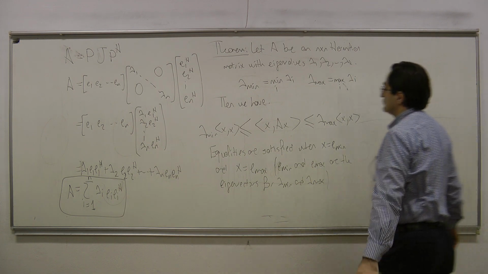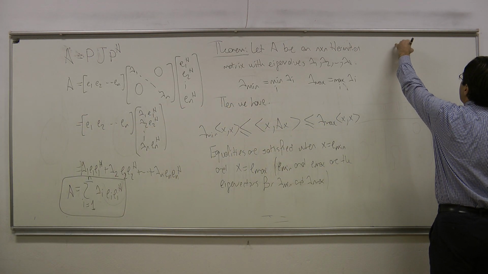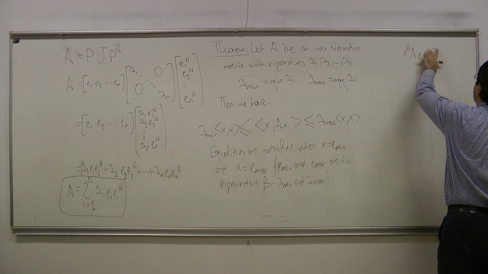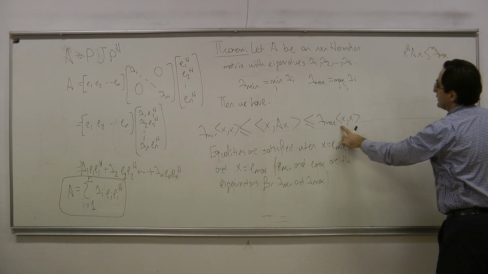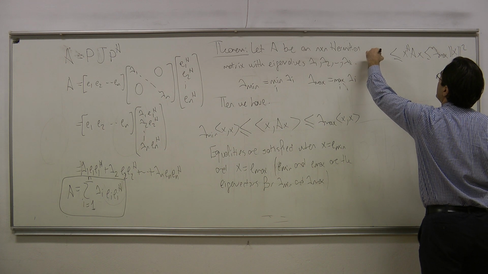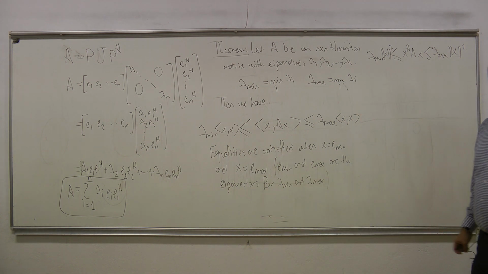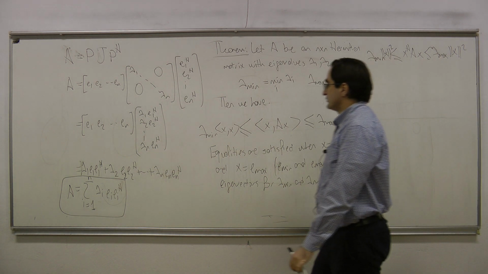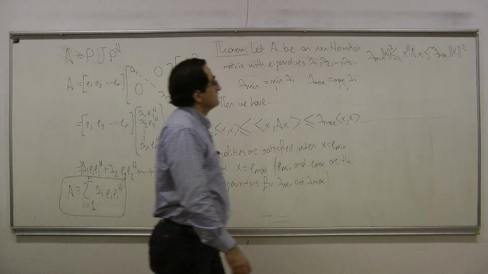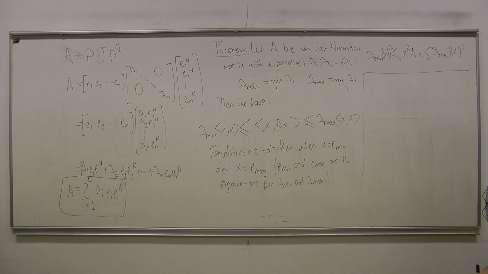I can write this fact as follows: this inner product is nothing but x Hermitian A x, and this is at most lambda max times the norm of x squared, and at least lambda min times the norm of x squared.